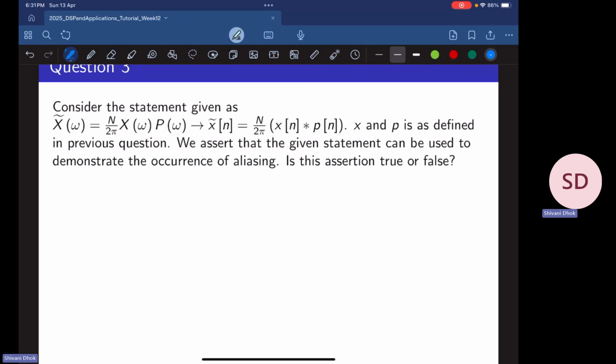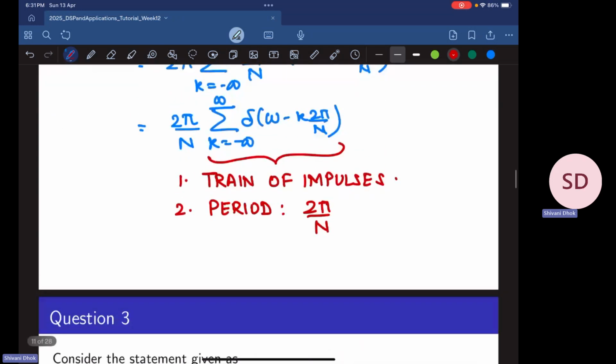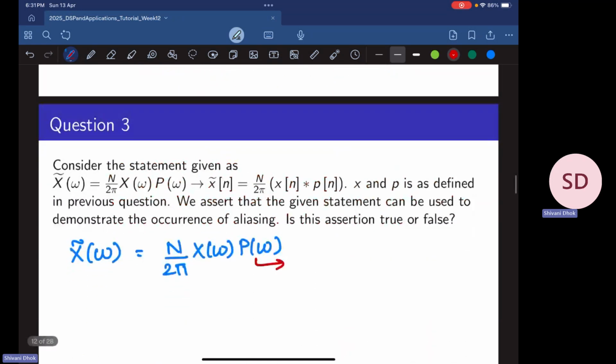So in frequency domain, what is given to us is x tilde of omega is 1 over 2 pi X of omega into P of omega. So what is happening here? Here, this is a train of impulses.